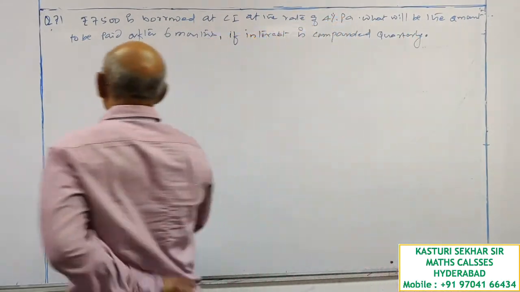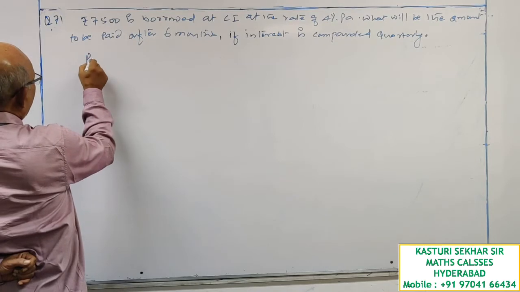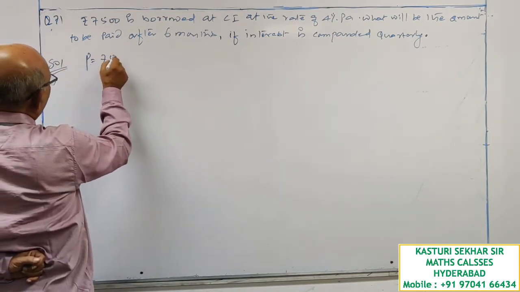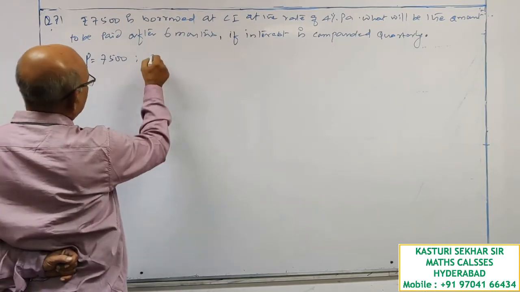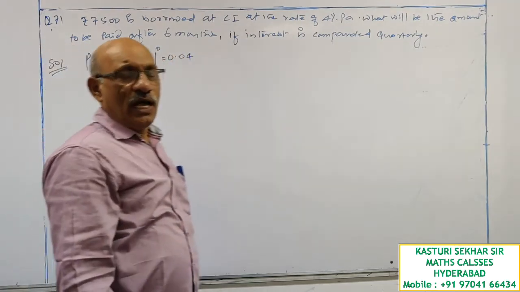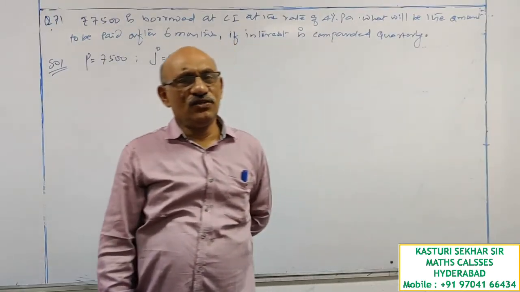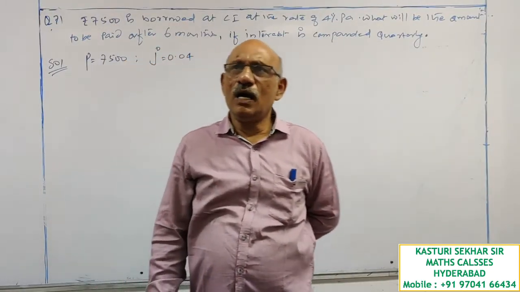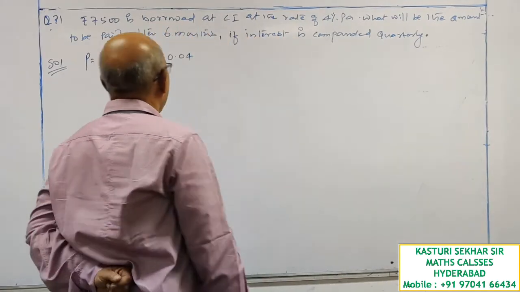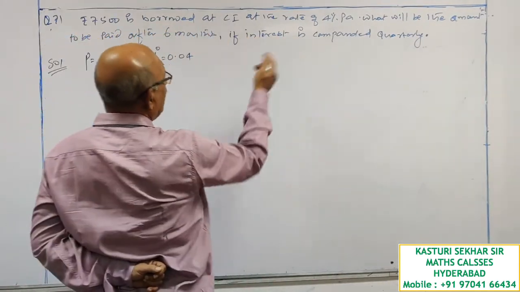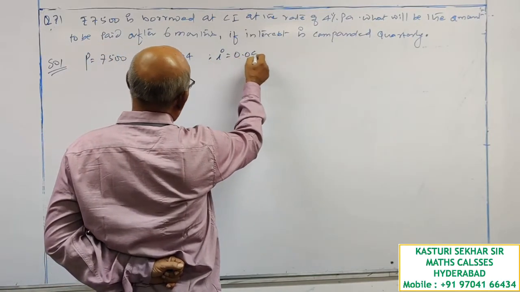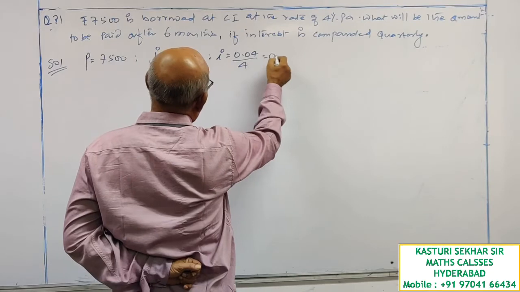Now look at this, sir. Principal is equal to 7,500. Nominal rate of interest is 0.04, means the rate of interest which is expressed per year is 4%. But interest is calculated quarterly. I is equal to, conversions are there, divided by 4.